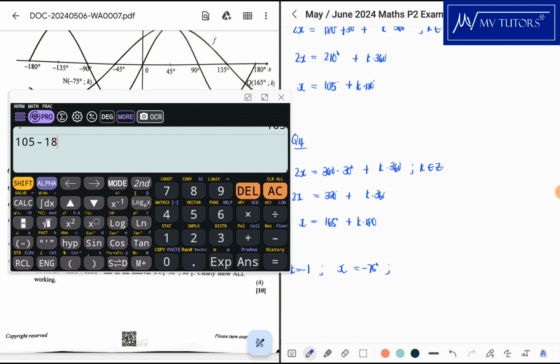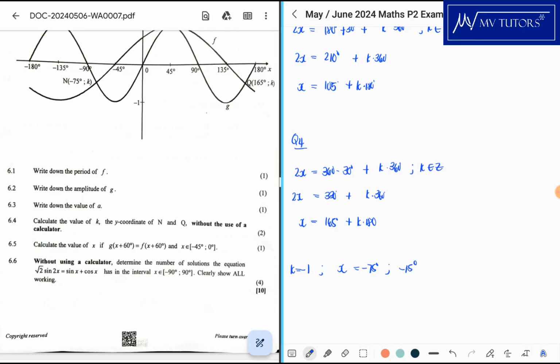And if I say 165 minus 180, I get -15 degrees. All right, if I use the value of 0, I'm going to get a range that's outside of the -90 and 90. And if I use +1, they're going to be too big. So those are the values for now.